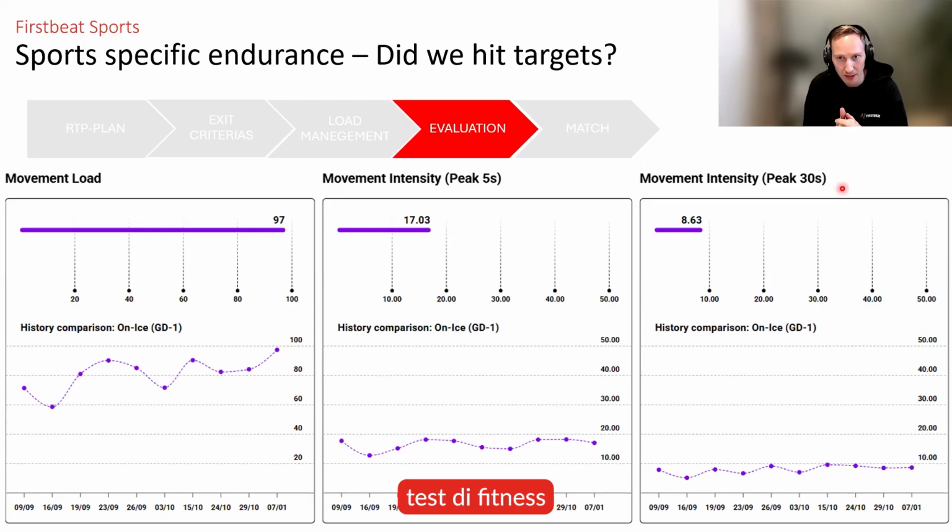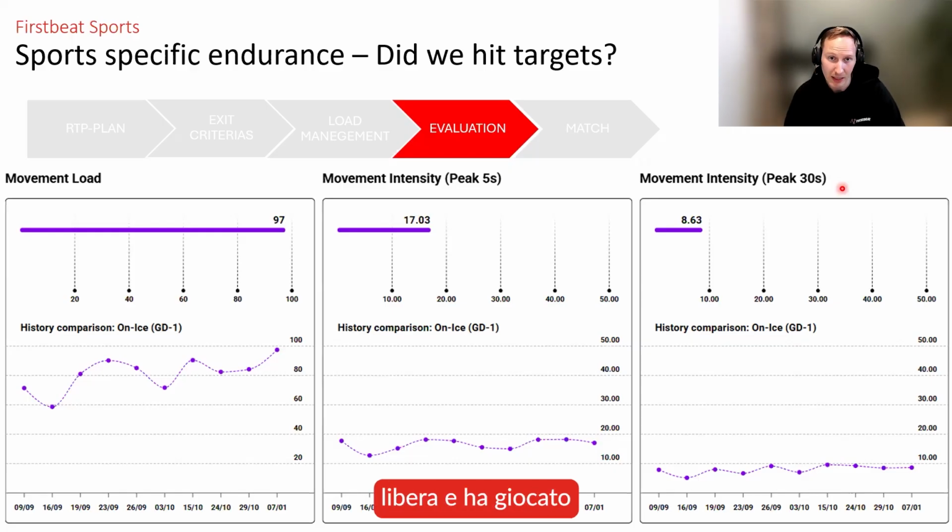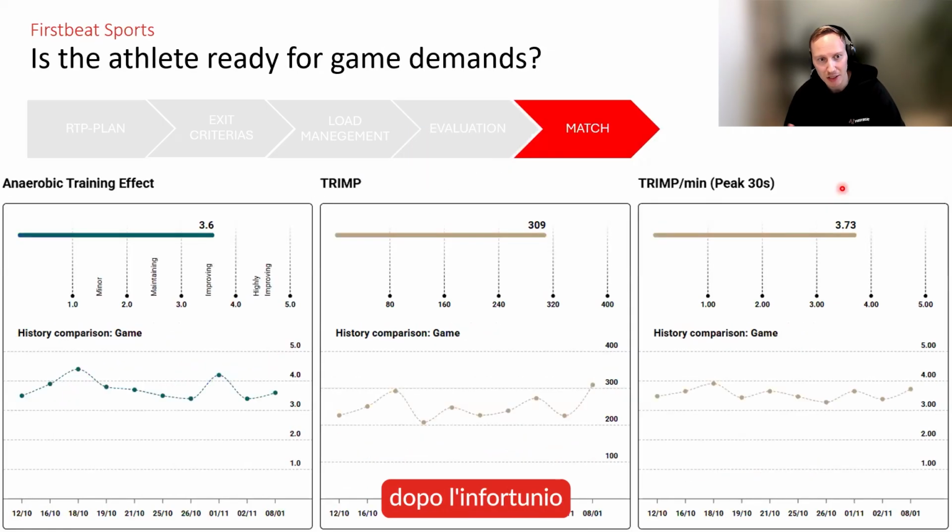So the submaximal fitness test, heart rate exercise, and lactate, and then also the game day -1 values were quite on a similar level as the pre-injury values. So the player got the green light and played the first game after the injury.